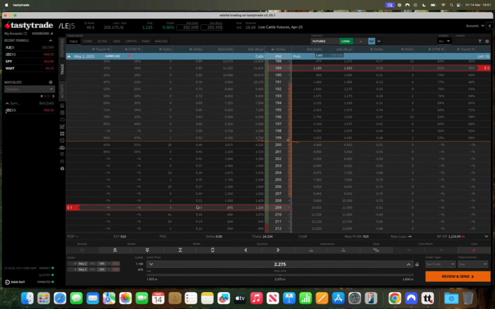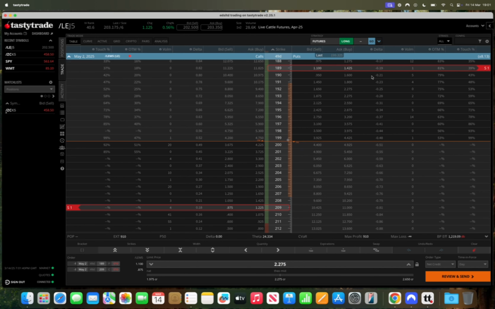But basically this number is going to be between 0 and 1. So in this instance it's 0.18. So there's an 18% chance of this contract expiring in the money. So that means there's an 82% chance of this contract not expiring in the money, or basically being out of the money, which is what we want to happen. Okay, but you also have this contract to take into consideration as well.